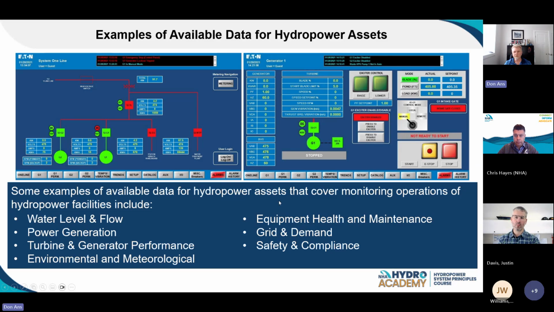So some of the examples of the data that you would have to look at, and this is one of the things that I found, is that a lot of people have invested from a capital perspective to put in monitoring systems. So this would be a typical monitoring system for your hydro assets.